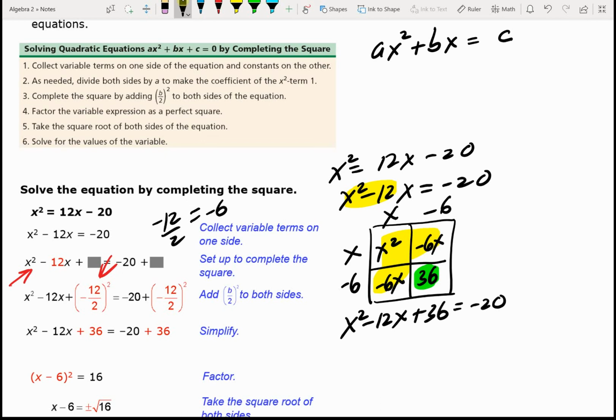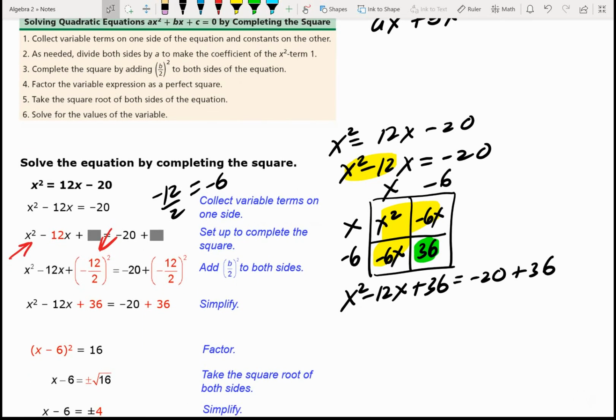If we add 36 to the left, we have to add it to the right. But now x squared minus 12x plus 36, we'll write that as a product of its factors, which is just x minus 6 squared. x minus 6 squared equals 16.